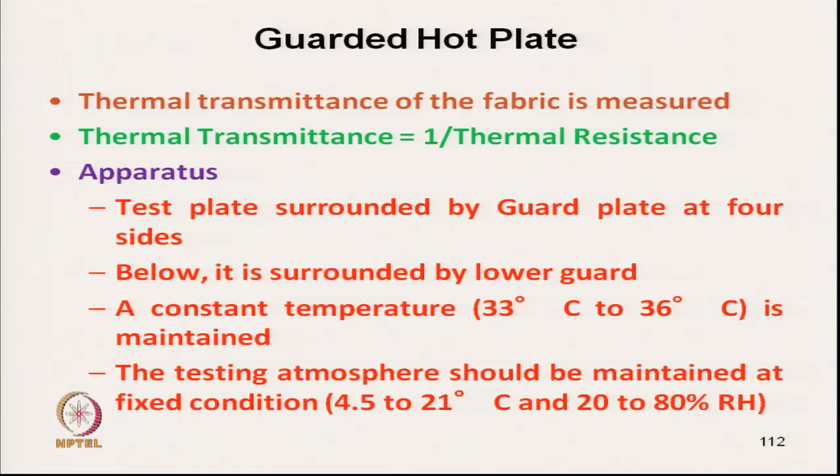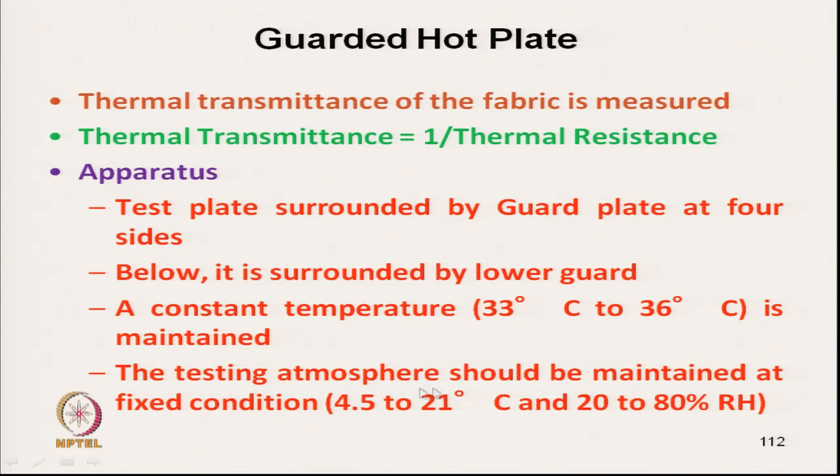Okay. So, in the test apparatus, the test plate is surrounded by a guard plate at 4 sides, and below it is surrounded by a lower guard plate, that is the bottom plate, at a constant temperature around 33 to 36 degree Celsius. So, the same temperature is maintained.